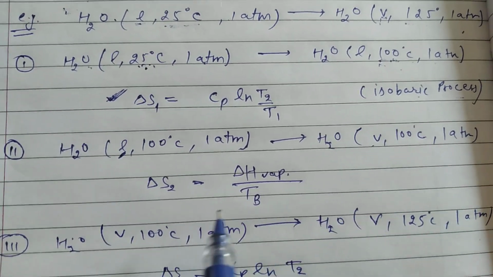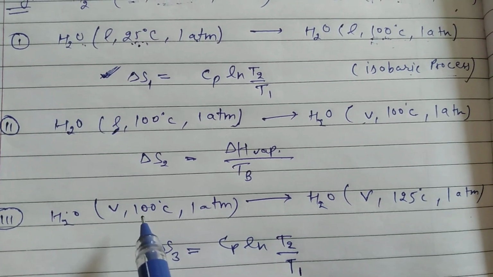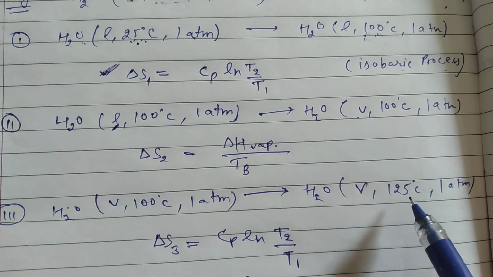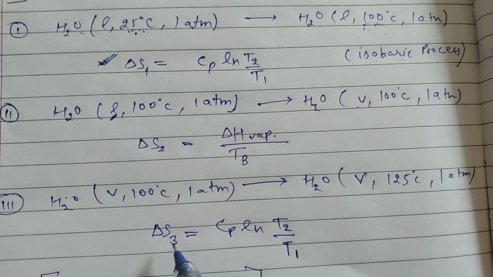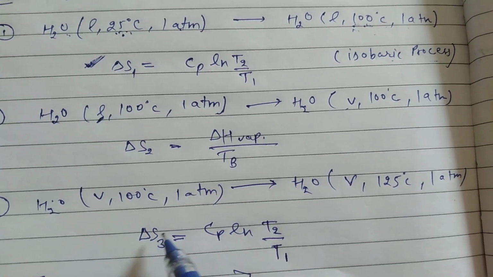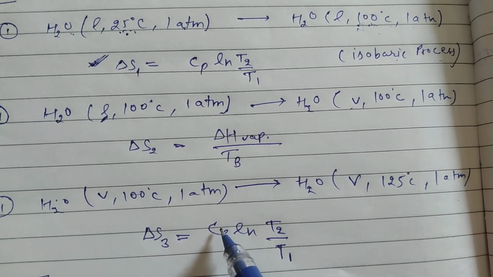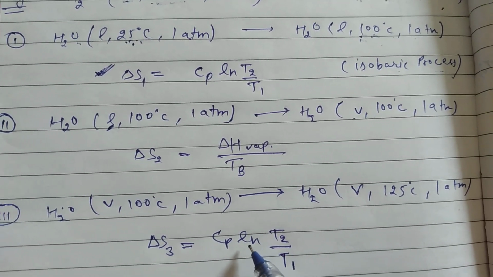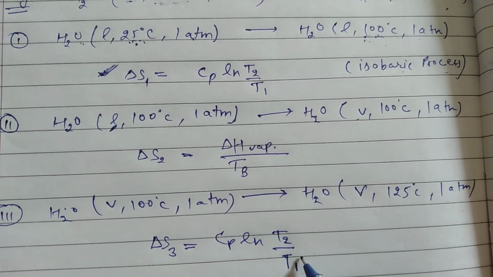And then finally we increase the temperature of the system from 100 degrees Celsius to 125 degrees Celsius, and for that the change in entropy, delta S3, is equal to the specific heat at constant pressure times ln T2 by T1.